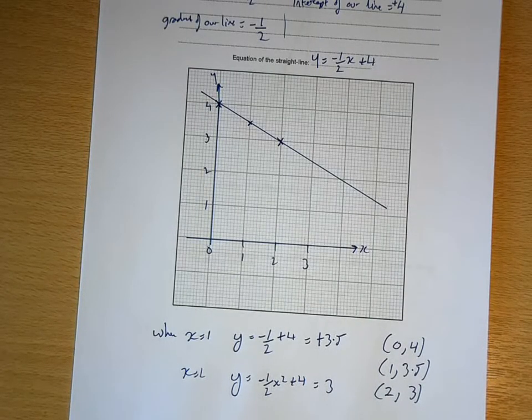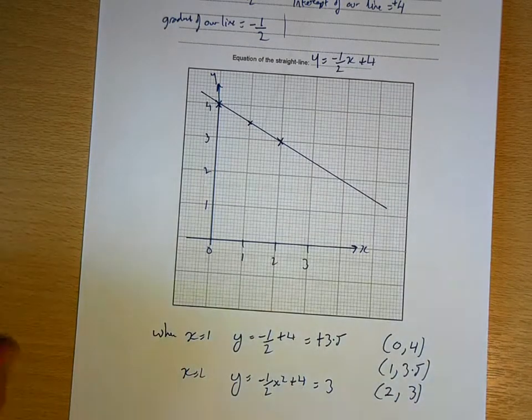So there's my graph. y equals minus a half x plus 4.